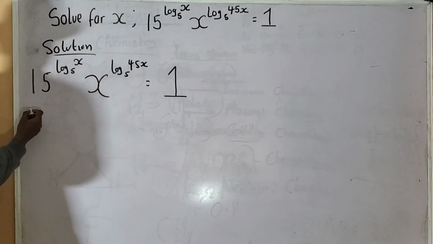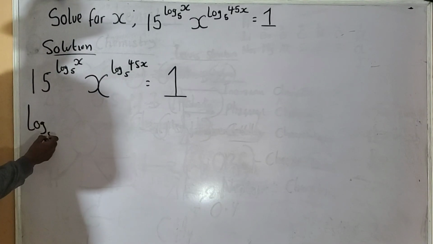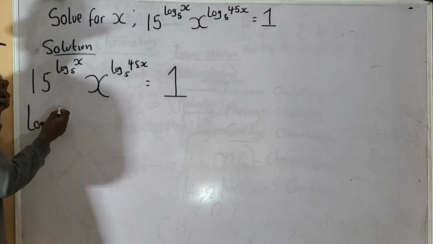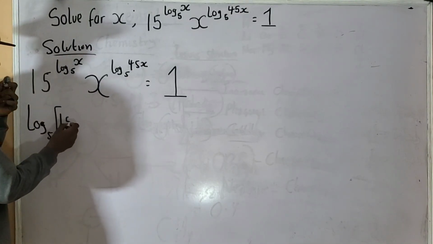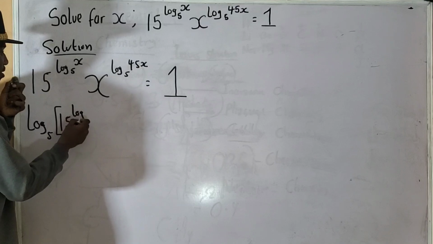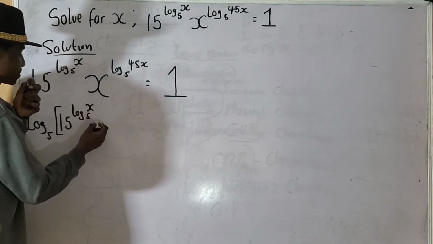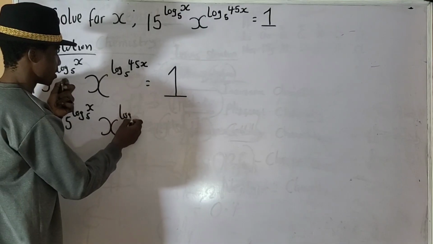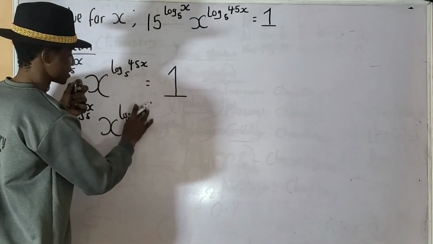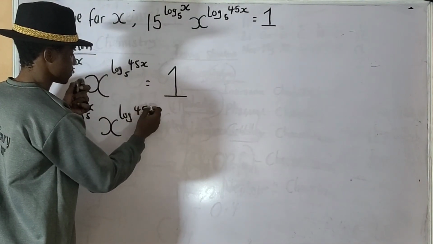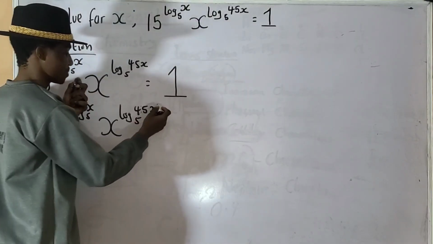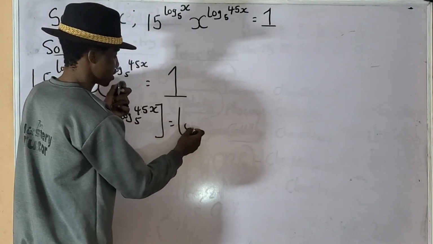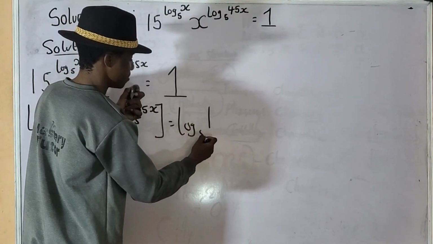So I'm going to have log base 5 of 15 raised to the power of log x base 5 multiplied by x raised to the power of log 45x base 5 equals log 1 base 5.